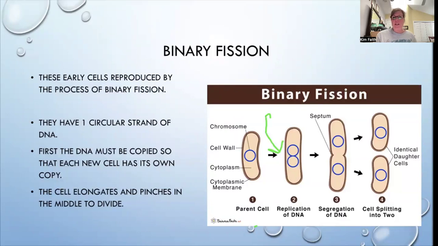So what they're going to do is they're going to unzip the DNA, make a copy, and I'm going to talk about that in a minute, and then they just simply split in the middle, and now we have two identical cells. That is referred to as binary fission. You could also call it asexual reproduction. That's another term you can use. When we talk about asexual reproduction in bacteria, we have a special name and we call it binary fission.